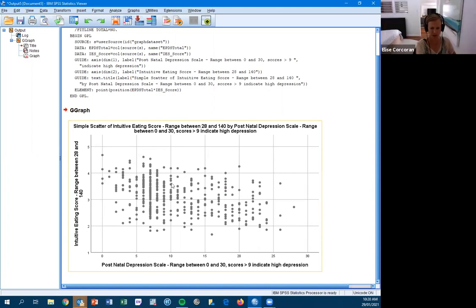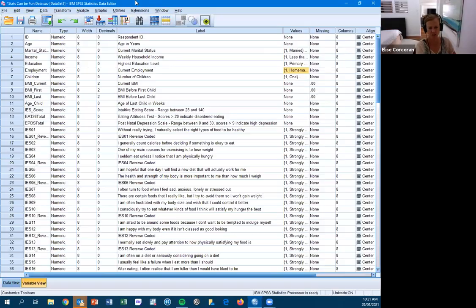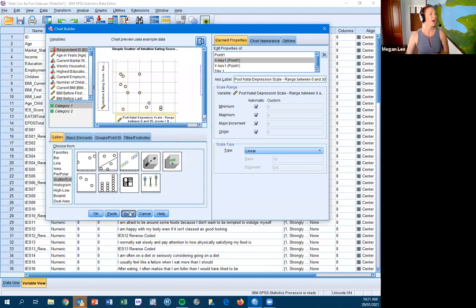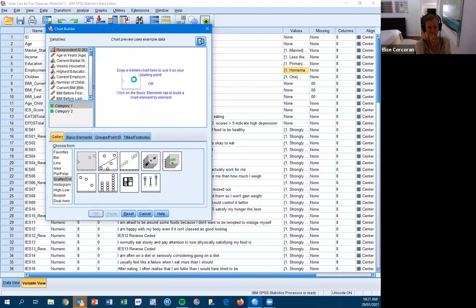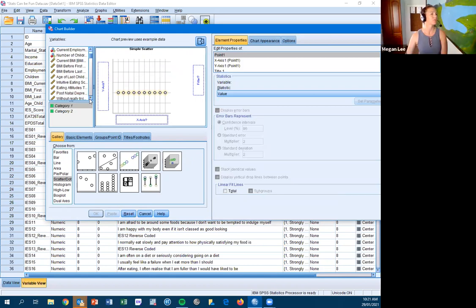Should it be the other way around, Megan? No, because as intuitive eating goes up, depression goes down, so it's definitely got a negative slope. Oh, you mean the variables? Yeah, so what goes on the X, the IV? I think I've got them around the wrong way, but don't quote me on it.